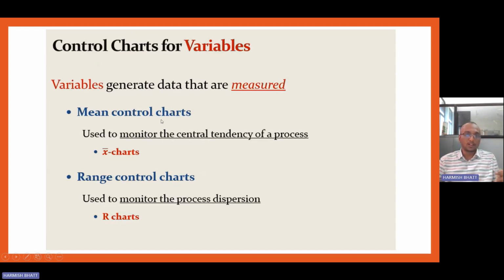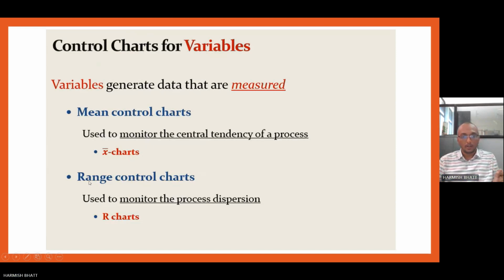The mean control chart, or X bar chart, monitors the central tendency of a process. Central tendency means we will be finding out where the average mean value lies on the graph.